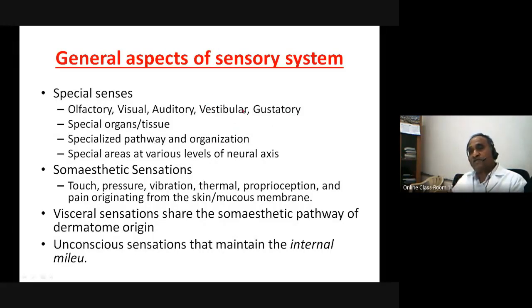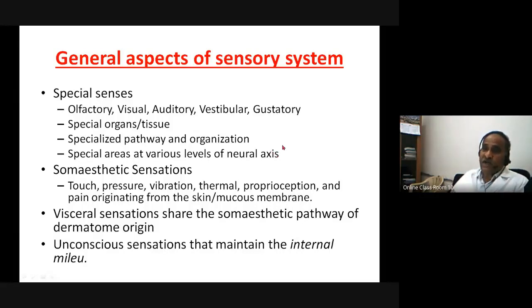The vestibular sensations mostly reach the cerebellum, and may not send the information to the cerebral cortex. So there are specialized organs, specialized tissue, specialized pathways, and specialized brain areas, at various levels of the neuroaxis. At every level they are there.